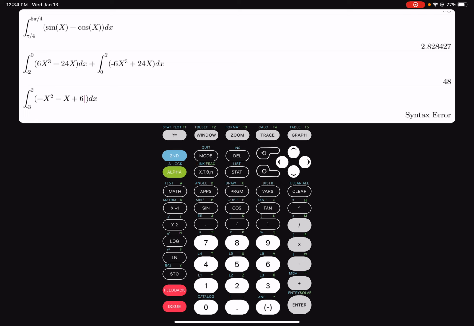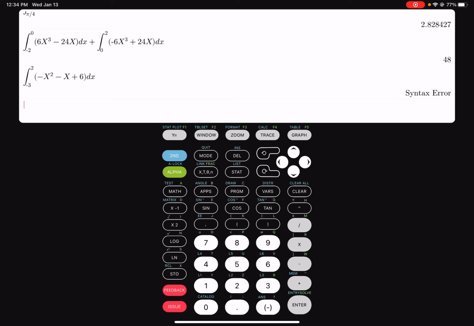So when I hit enter, what did I just do? Negative x squared minus x plus 6. I'm going from negative 3 to 2. Why is it not happy with me? It's still not happy with me.